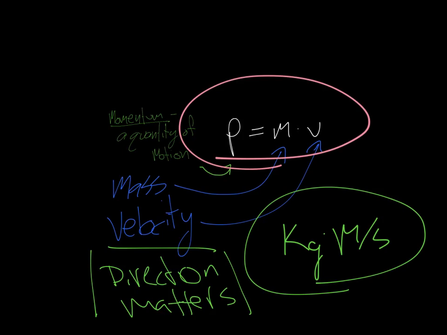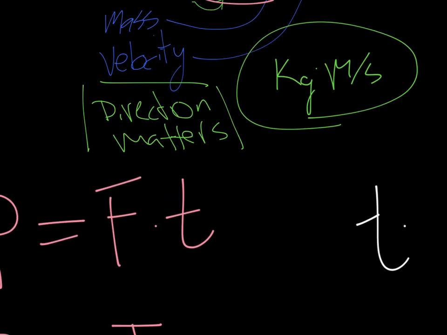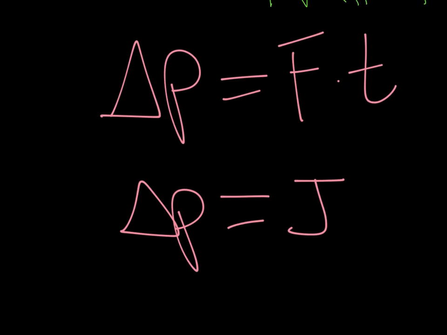It didn't matter with kinetic energy, because kinetic energy was based on your speed, whereas momentum is based on velocity. So it does take a force and an amount of time. It takes an impulse right here to change that momentum. So it's important to recognize that this impulse will change your momentum. Anytime there's a force times a time, momentum is changing.